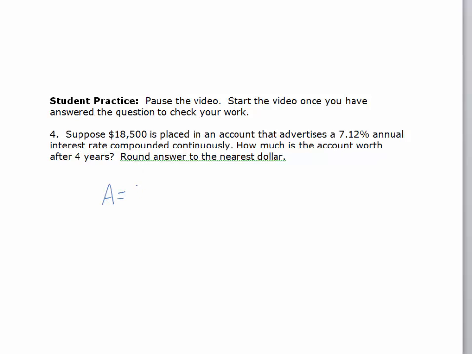A equals P e to the rT. The principal is 18,500. e to the r, which is 0.0712 times 4.